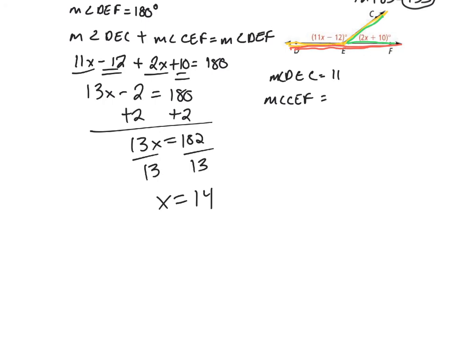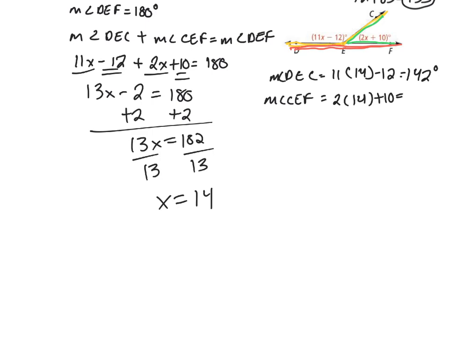Now, I'm going to move over here and find the angle measurements of DEC and CEF, all right? Now, DEC is 11x minus 12, and angle CEF is 2 times x plus 10, all right? Now, 11 times 14 minus 12 gives me 142 degrees, okay?